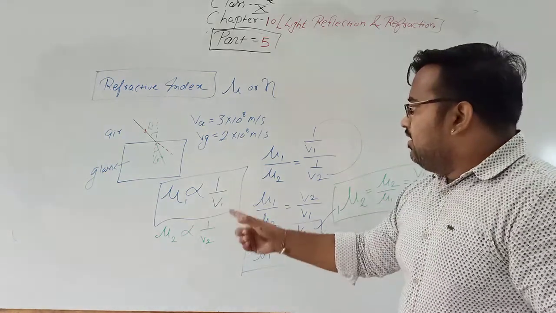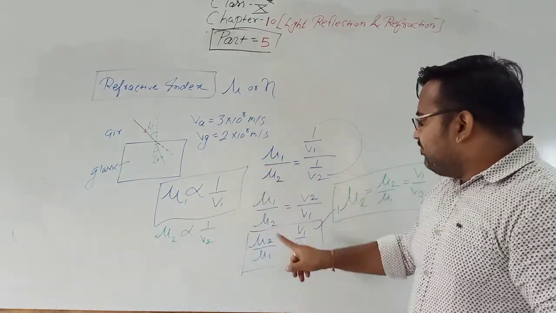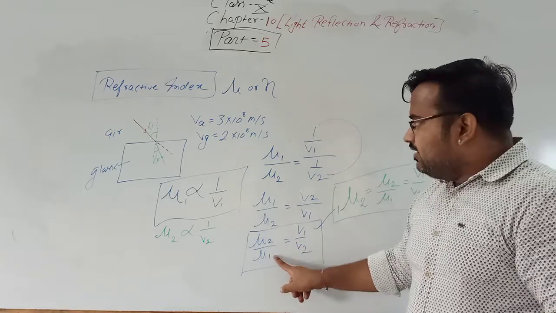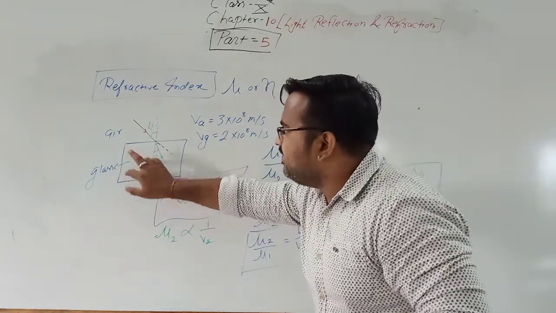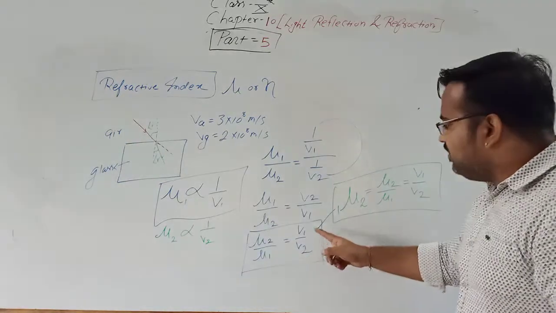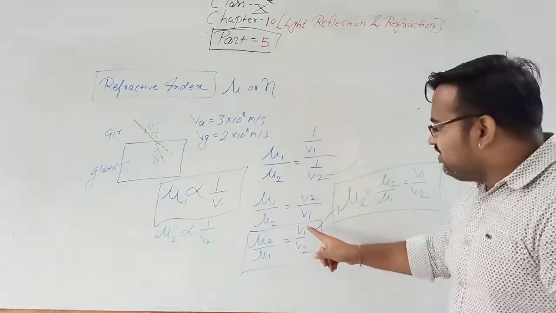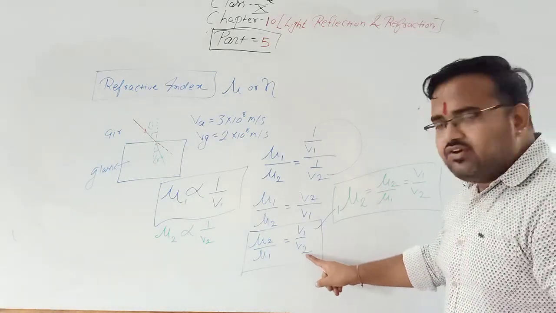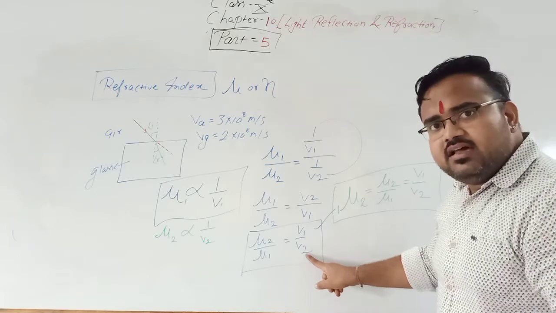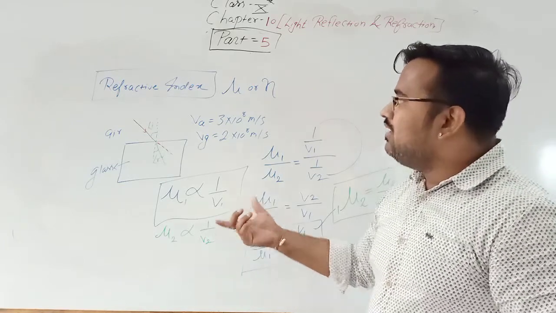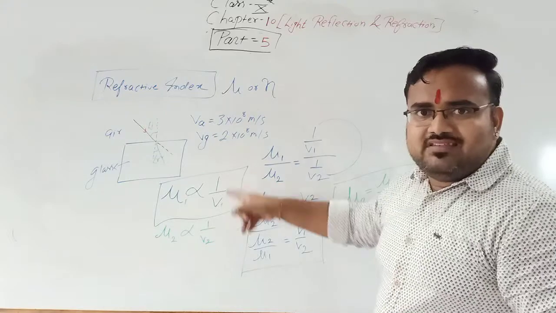Clear? So the refractive index of the second medium with respect to the first is equal to V1 upon V2: velocity of light in air over velocity of light in glass. Now we are going to solve the numerical based on this topic.